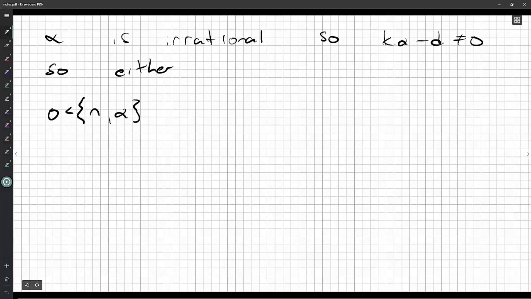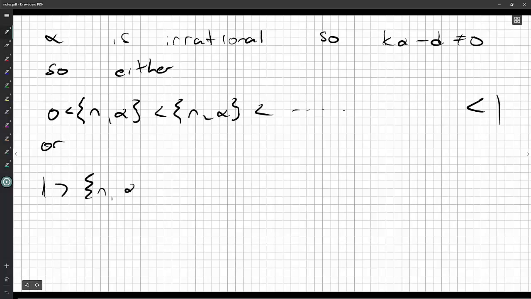So either these terms are all increasing, but they're fractional parts, so they have to be between 0 and 1, or they're decreasing. So I guess start with the 1 up here, maybe, and decrease. So it starts big, decreases down.